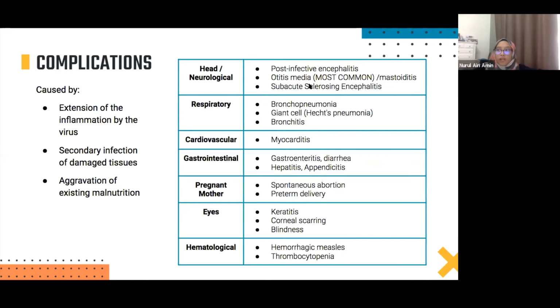We can also have bronchopneumonia and giant cell pneumonia. Bronchopneumonia is usually caused by secondary bacterial infection, for example by streptococcus. Giant cell pneumonia is usually seen in impaired cell-mediated immunity, and this is usually fatal. Deaths caused by measles usually result from bronchopneumonia or encephalitis.